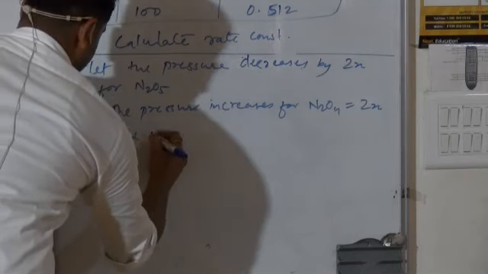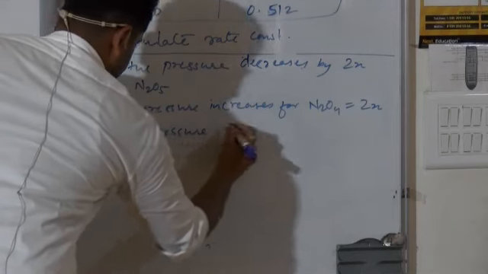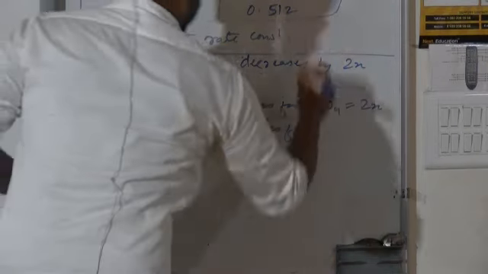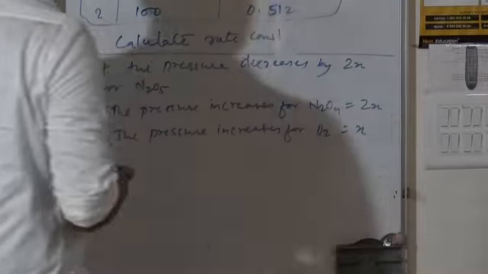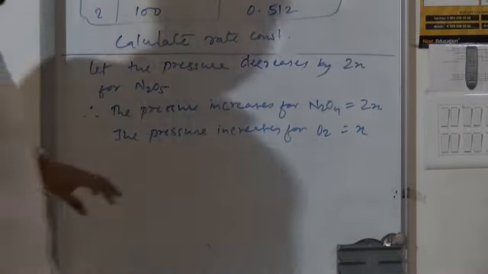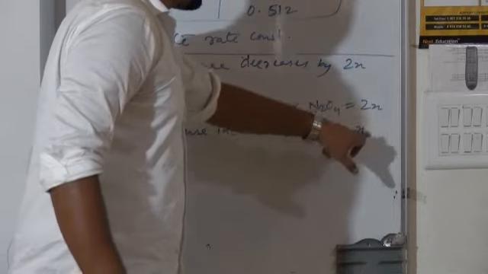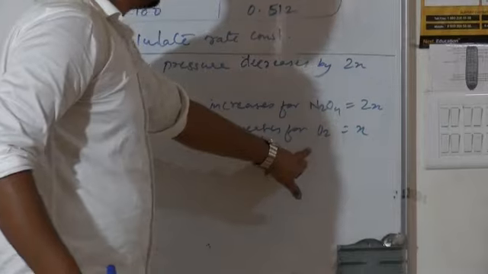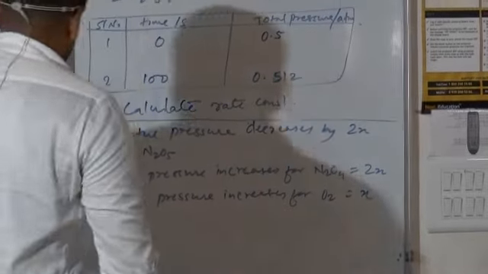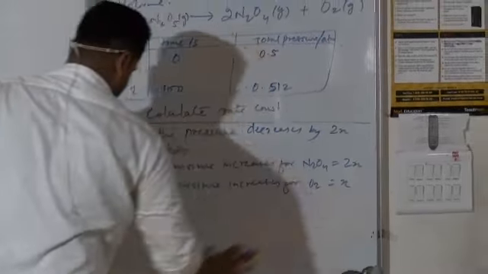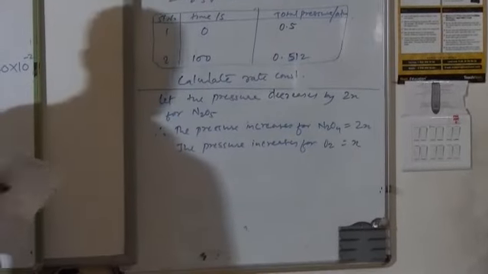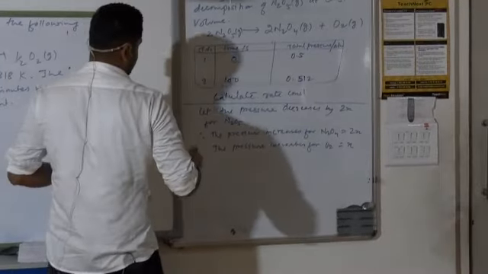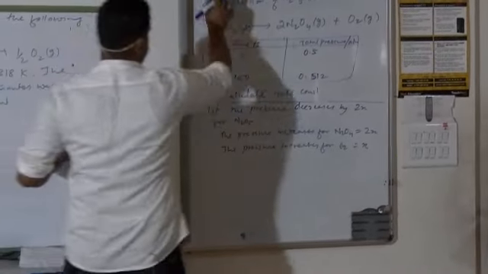Again, the pressure increase for O2 will be x. For simplification of the calculation, we have used 2x, 2x and x. We can use x, but then oxygen would be half. To avoid that, we have used 2x, 2x and x. Got it? So now, let me rub this one.